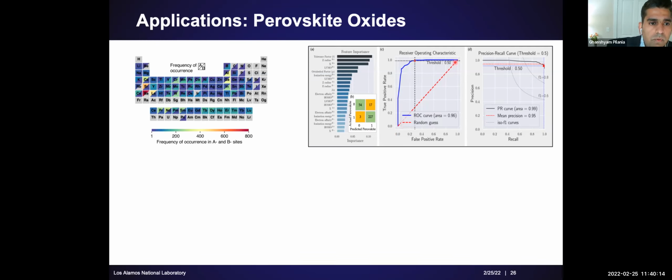If you label everything as perovskite, then of course your true positive rate will be 100%, but the false positive rate will also be 100%, and everything else will be in between. Ideally, for a perfect model, you would want to be at the top left corner, where your true positive rate is 100% and false positive rate is 0. We are not exactly there, but we are quite close to the top left corner.